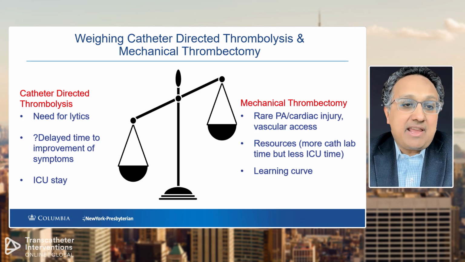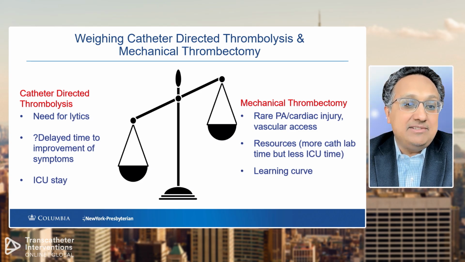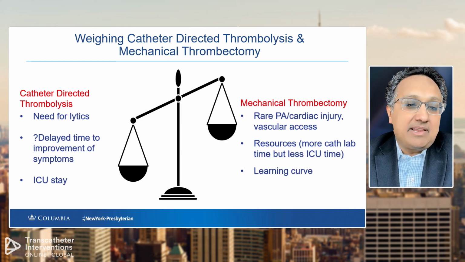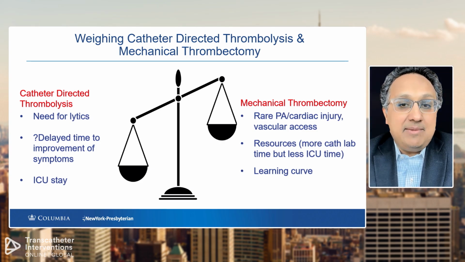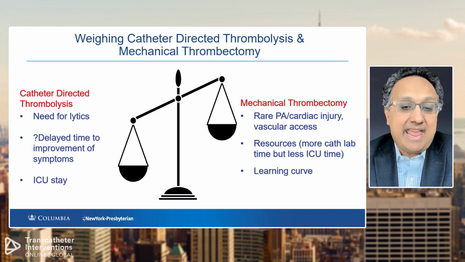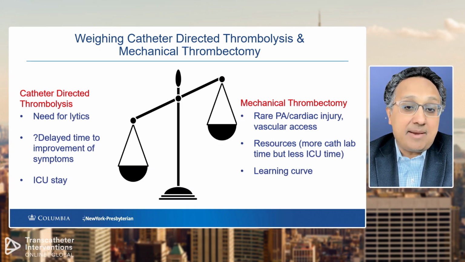Yes, you need lytics for catheter-directed thrombolytic therapy with EKOS, but it's very quick and easy to do. It comes with an obligate ICU stay in most places. Thrombectomy is really effective, but as Amir pointed out, it takes a little bit of a learning curve. It requires experienced hands, and it requires hemodynamic assessment before. I can't reiterate enough his point about patients with near systemic pulmonary hypertension.